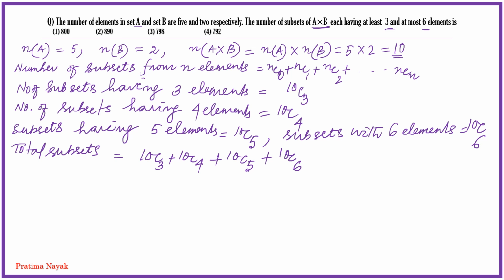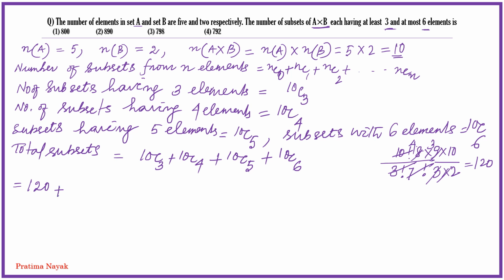First is 10C3. It will be 10 factorial over 3 factorial into 7 factorial, which is 8 into 9 into 10, over 3 factorial, which means 3 into 2. So I'll cancel with 3, and 2 is 4. So it will be 120. First one is 120.